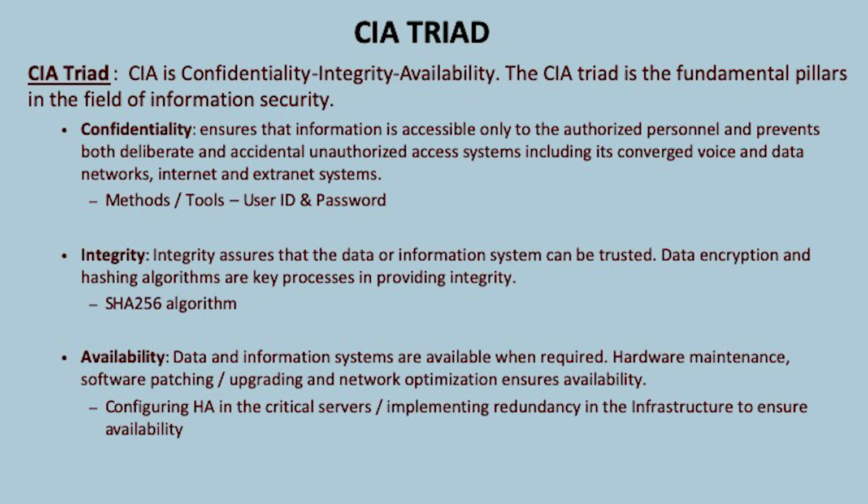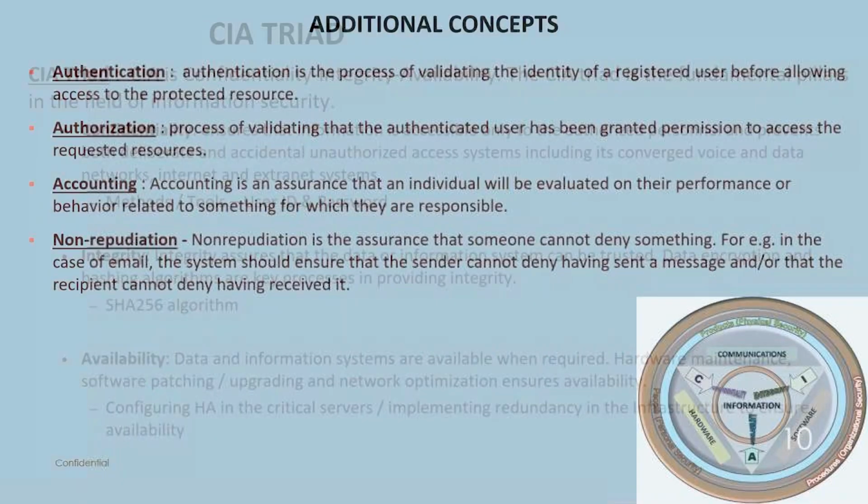So normally we do encryption, or by hashing algorithms, we ensure integrity so that no one else can modify or amend it or even delete it. Availability is through proper configuration and implementing redundancy in the infrastructure so that you have 100% availability or even 99.99% availability.